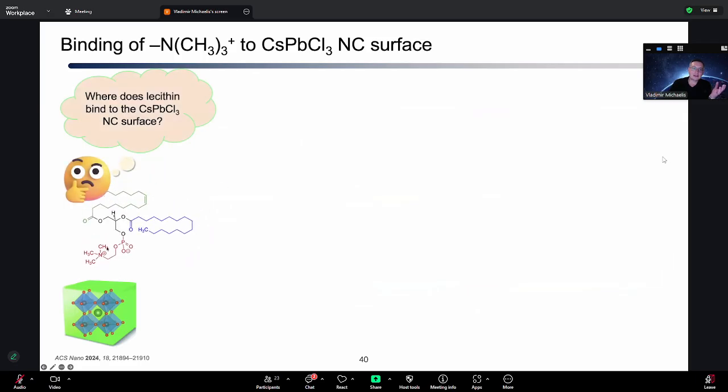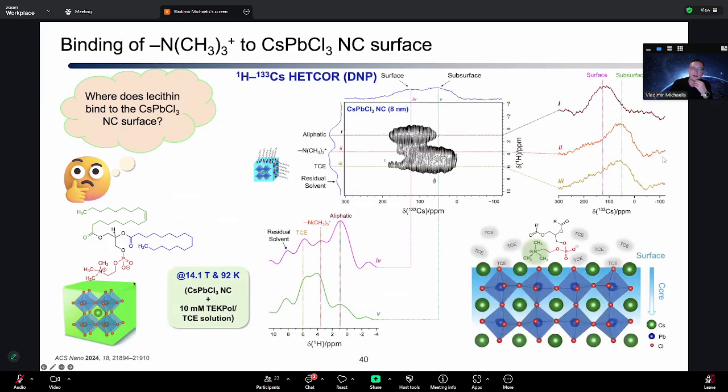So the question is how does this cationic anionic zwitterion system engage with this? What elements is it substituting, and where is it binding? So this is a 2D experiment. It's a little complex, but you have proton NMR on this dimension, you have cesium NMR on this dimension, and what it's showing you is that these protons on the aliphatic chains here are correlating right at the surface of the particle.